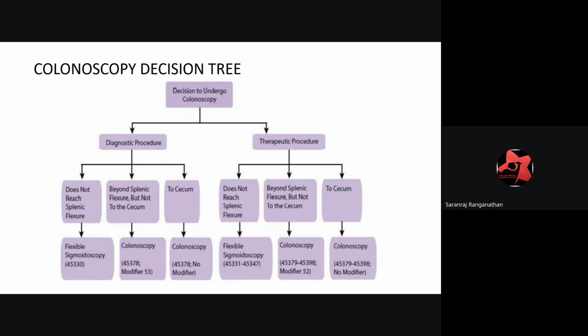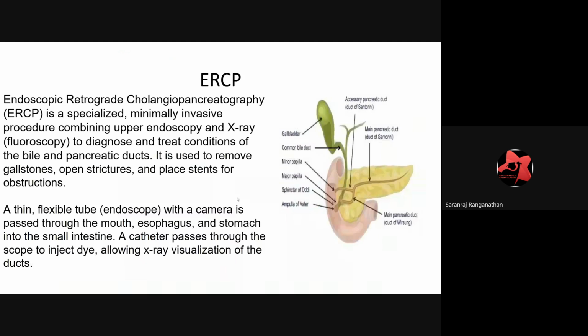So for an example, first one does not reach the splenic flexure. Splenic flexure means the descending colon is there, right? So they will send that colonoscope from the anus. It will reach the rectum and it will reach the sigmoid colon.